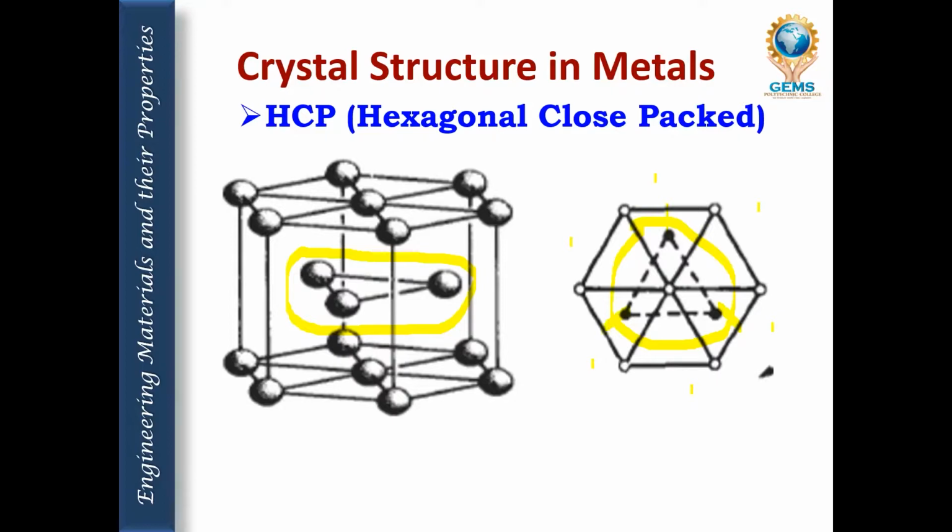So basically 1, 2, 3, 4, 5, 6, and another 6 will be there, that is 12, and this is 13, 14, 15, 16, and 17. So basically this hexagonal close packed structure has 17 atoms. Examples are magnesium and zinc.